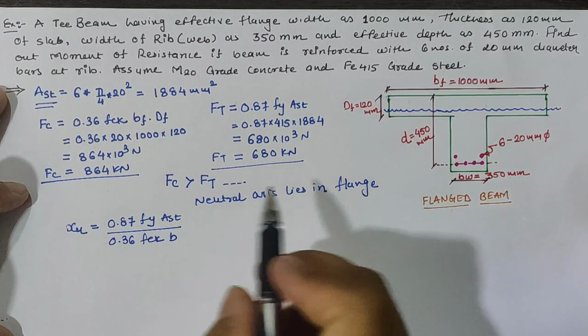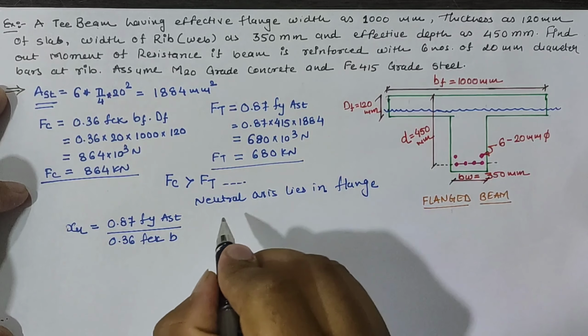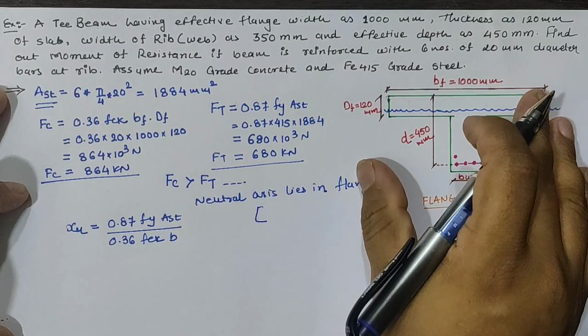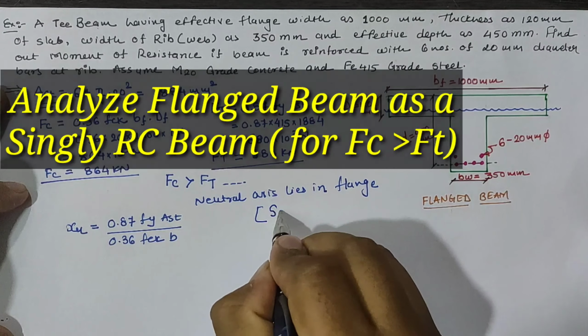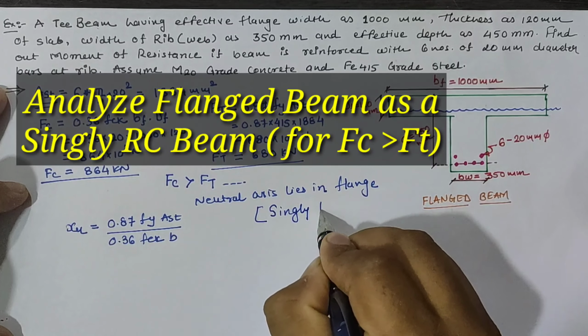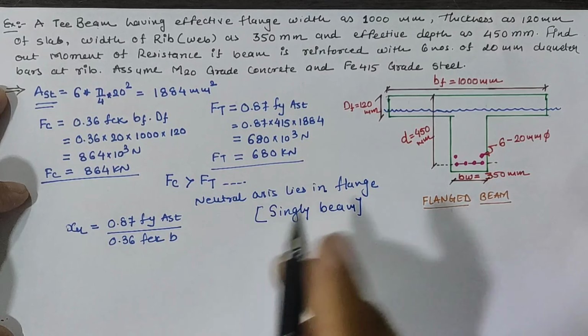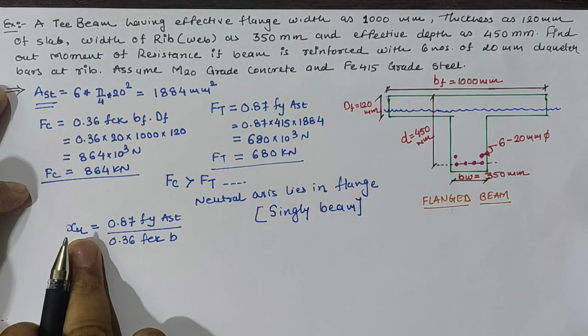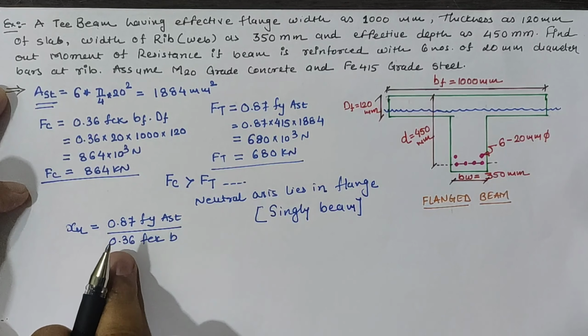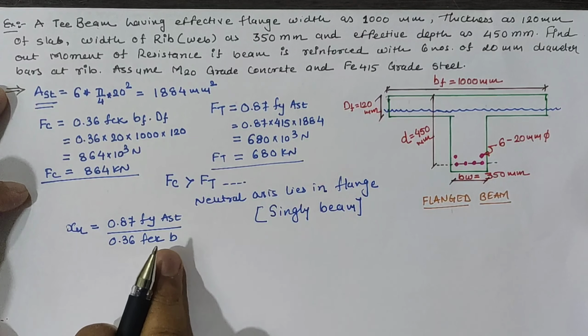According to the analysis, our FC is greater than FT. It means that we have to solve this T-beam as a singly reinforced beam. So we can find out the neutral axis depth from the equation 0.87 Fy AST divided by 0.36 FCK b.